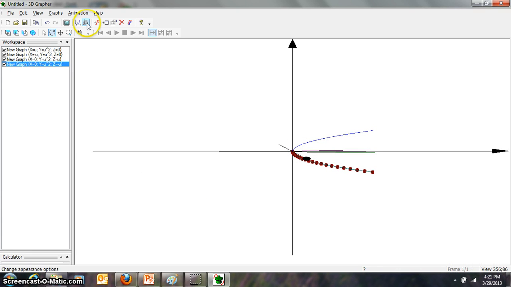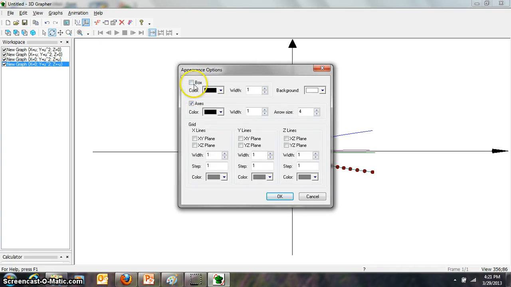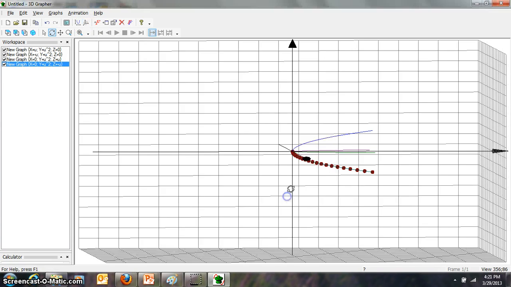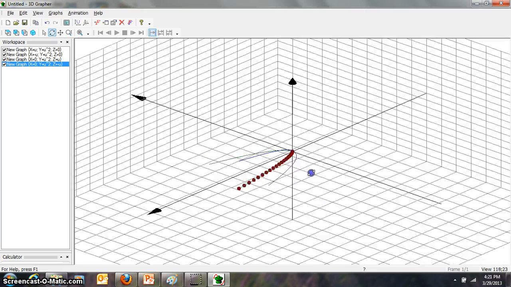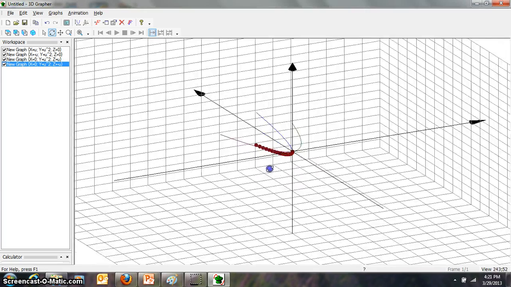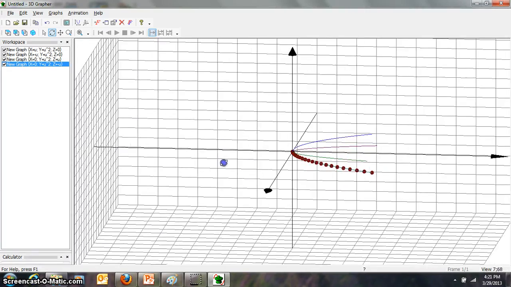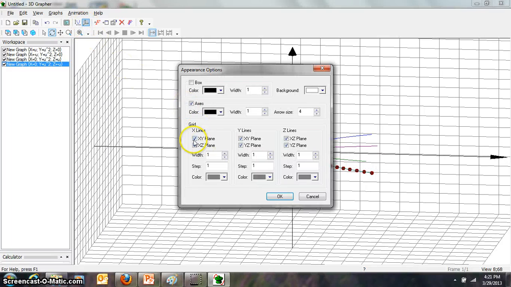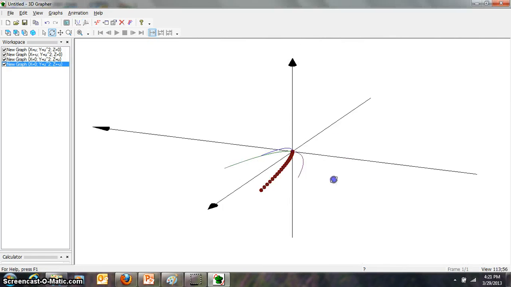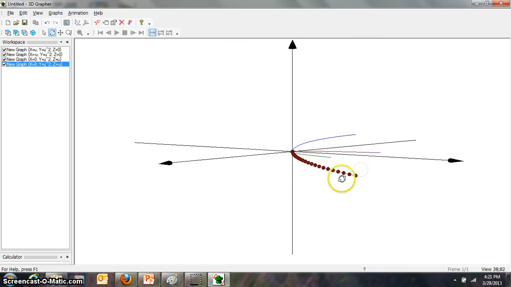You can change the appearance, so you can show the grid lines if you want, so you can see how 3D it really is. It kind of hurts the eyes a little bit though, in my opinion, so I don't like them all that much. But this is how you would use the 3D graph.